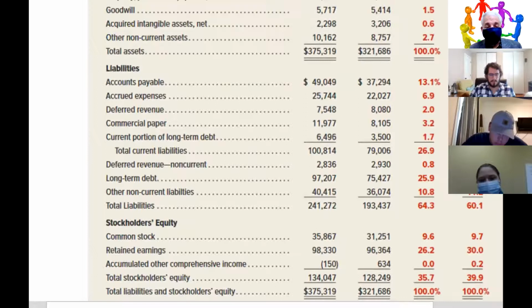A lot of balance sheets will show you total current liabilities. Then they'll say, oh, we've got deferred revenue, non-current, long-term debt, and other non-current liabilities. Then they jump into equity. And you say, wait a minute, you didn't give me the total liabilities number. I can't do this. If I want to know what my debt ratio is, I need total liabilities, not current.